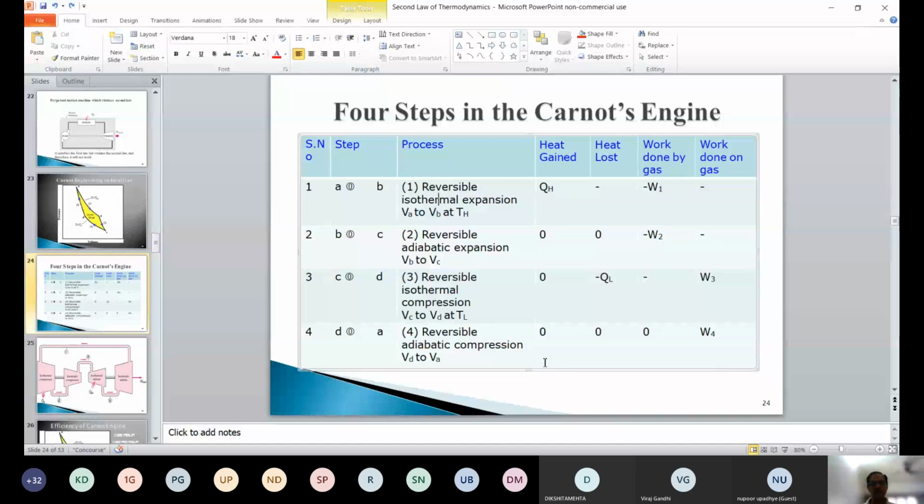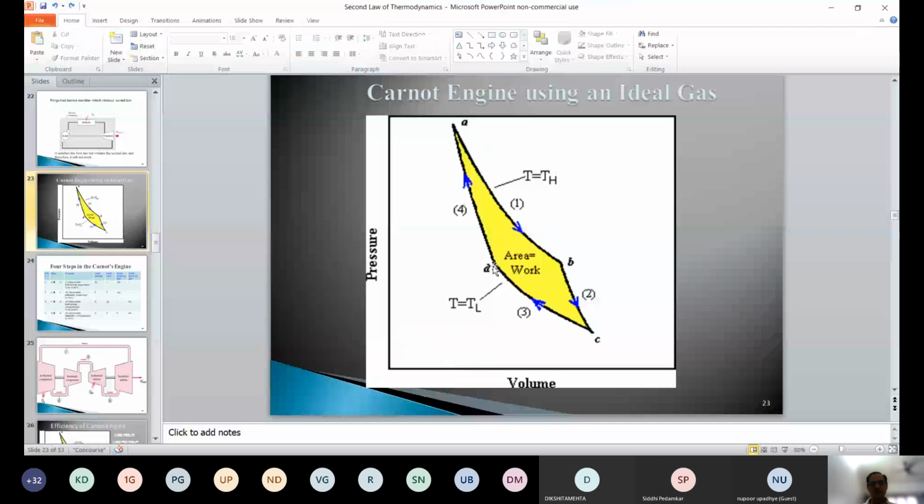And the fourth step is reversible adiabatic compression from VD to VA. Again, compression, so pressure has to increase and volume has to reduce. So VD to VA.